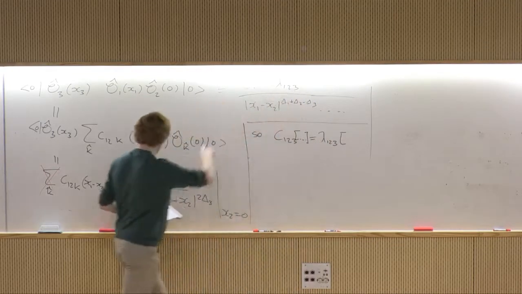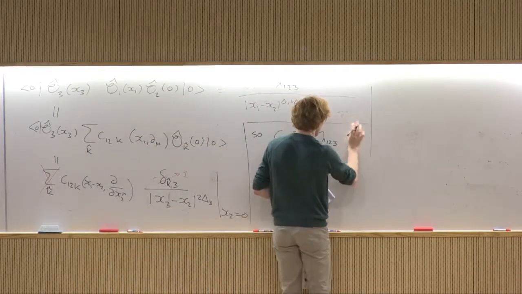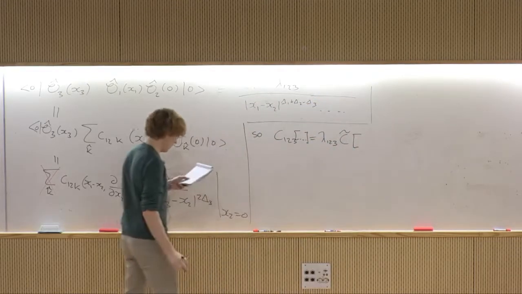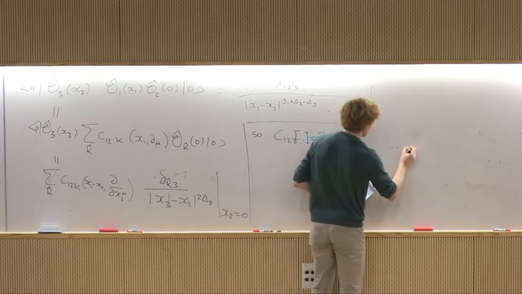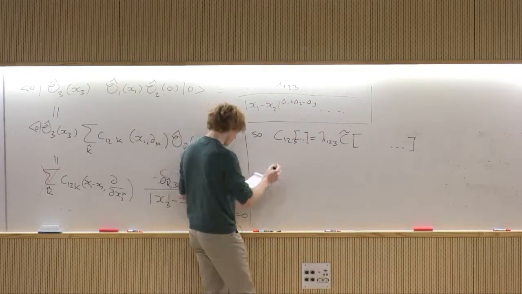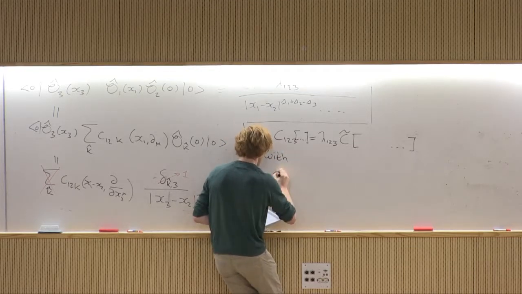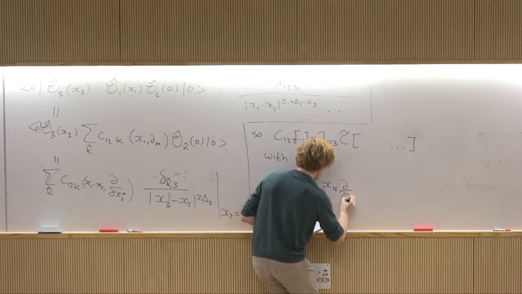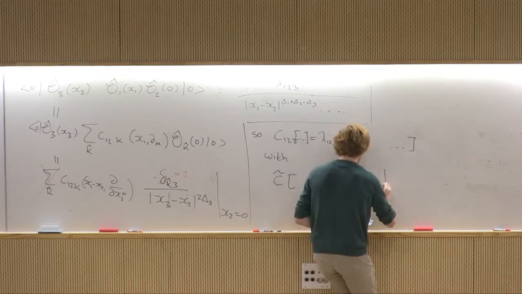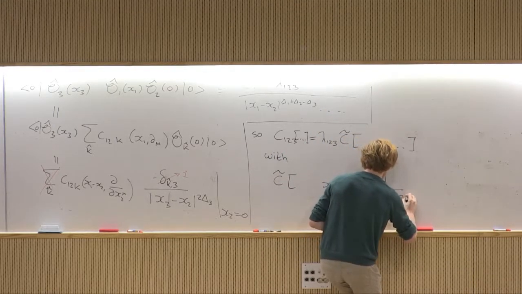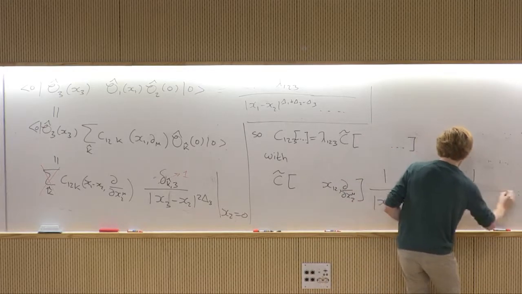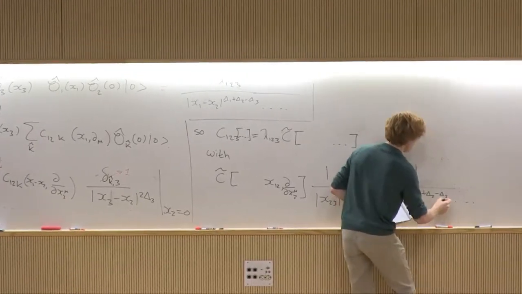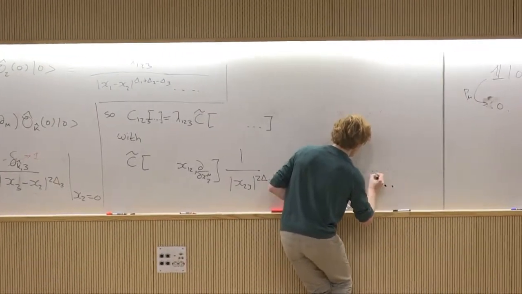That factor just comes out in front, times some new guy, C tilde, which only depends on, well, let's say this in a second, where C tilde of x12, d/dx mu 2, acting on the two-point function x23 to the 2 delta 3, equals 1 over x12 to the delta 1 plus delta 2 minus delta 3, and then the two other factors that I'm not going to write.